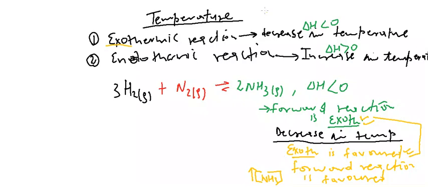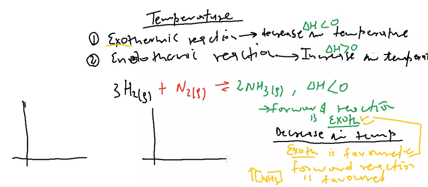Now let's draw the graphs. The first graph is the graph of the concentration. Then another graph is for rate. So we have a graph of concentration, then a graph of the rate versus time.